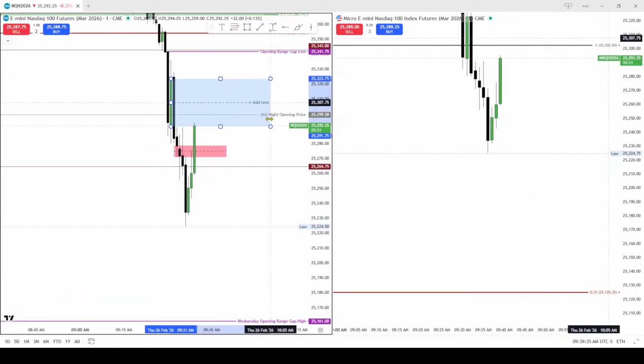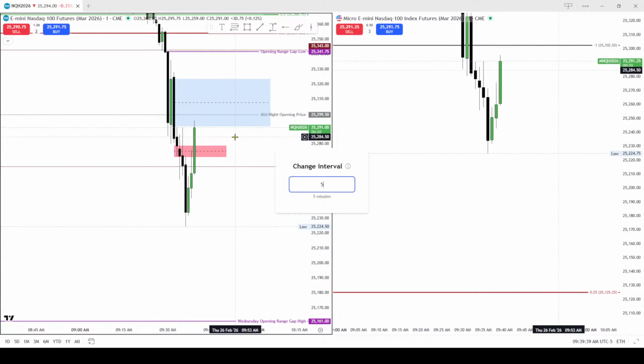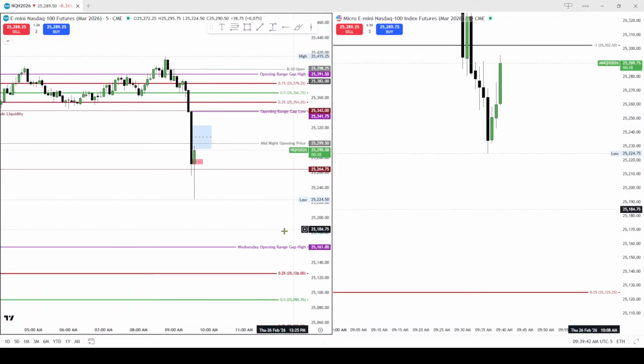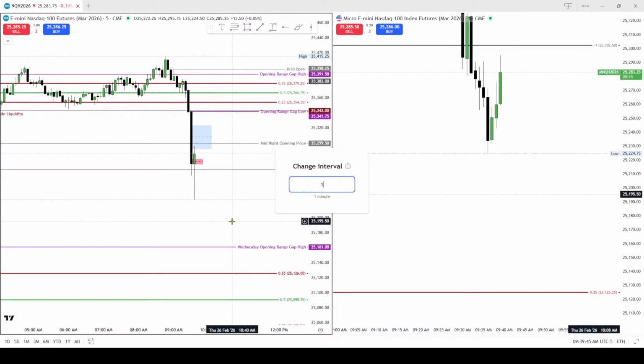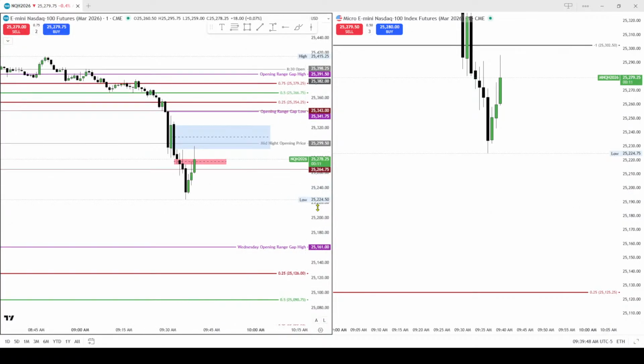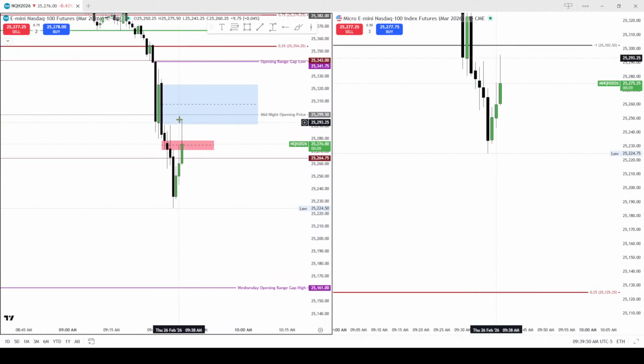I'm looking at this here. This up close candle should act as an order block on price. So we would want to see how price trades here. I like how we tap into it here.